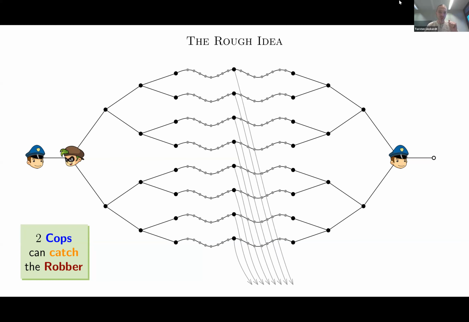He makes a move, 1 cop follows him, and the other cop copies the move, and so on. So he's forced to go down the tree. He's forced to reveal which exit he's targeting, and with a delay of 1, this cop can copy this move.